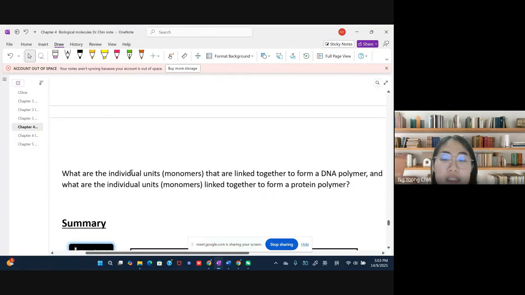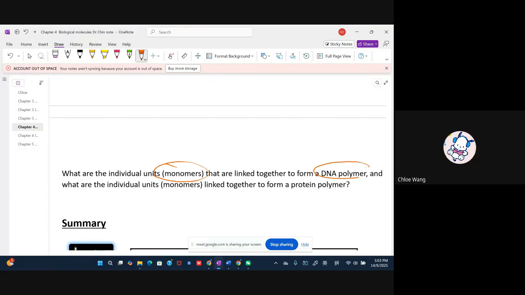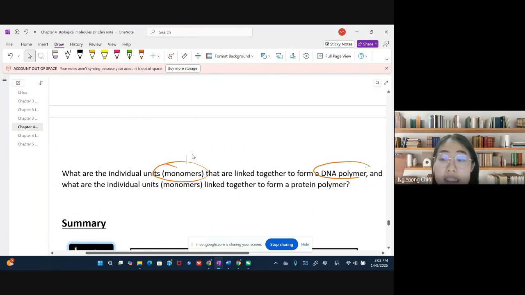What are the individual units that are linked together to form a DNA polymer? You tell me. So what's a monomer to produce a DNA polymer? DNA, right, is made from what? It's made from the phosphate base and the pentose sugar. So that monomer requires what?